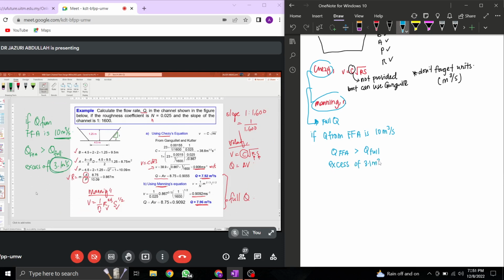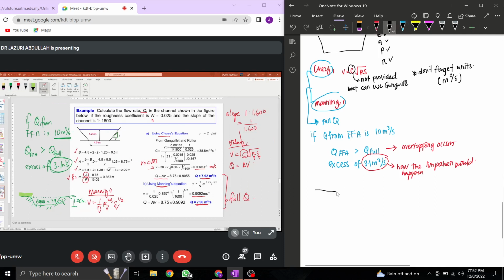So jadi contohnya, so you ada satu di sini sebagai cross section. Okay, so the height is 1.25 meter. Okay, so this is the Q maximum. So Q max, Q full, let's say saya ambil sebagai 7.9 meter cube per second. But now you have the excess dekat atas. So you have the excess of water.